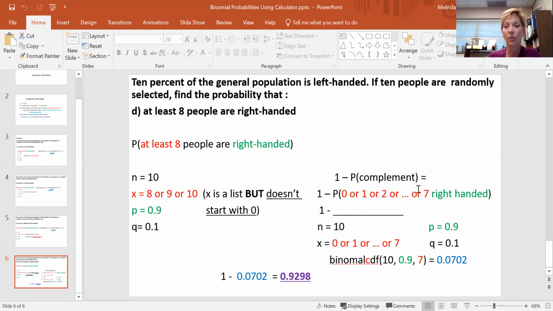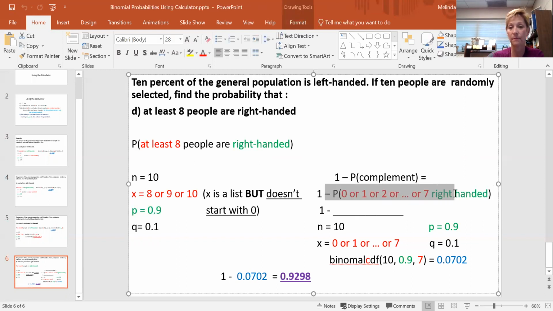So 0 all the way to 7, the same category. If this category is right-handed, that category is going to be right-handed. So this is my complement. So what I can do now is take this problem right here and start over. I'm going to go up here and highlight it, and work this problem that I've highlighted.